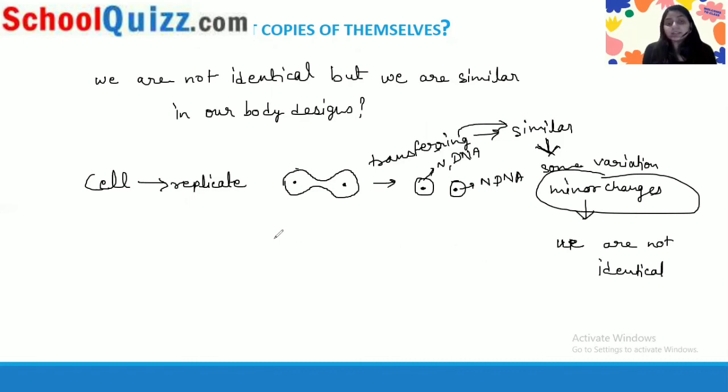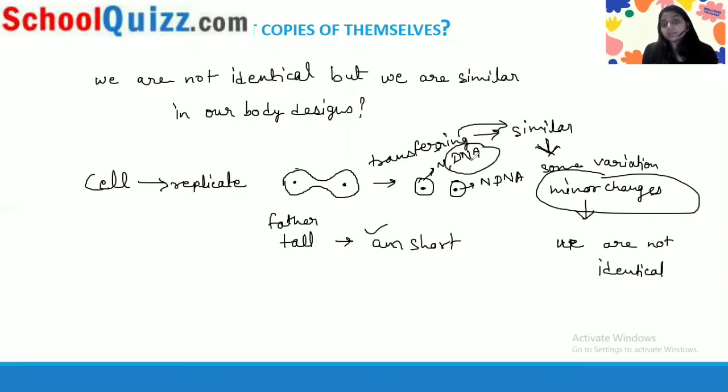So if my father is tall and I am short, it is because of the information contained in DNA when the cell is dividing.